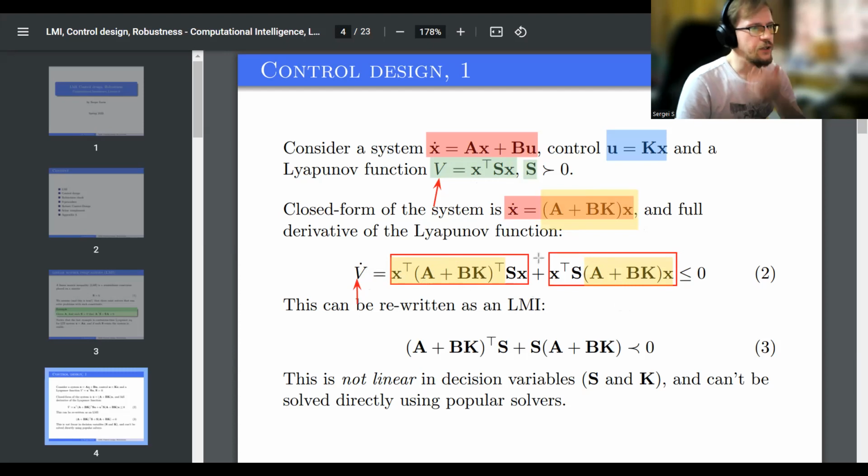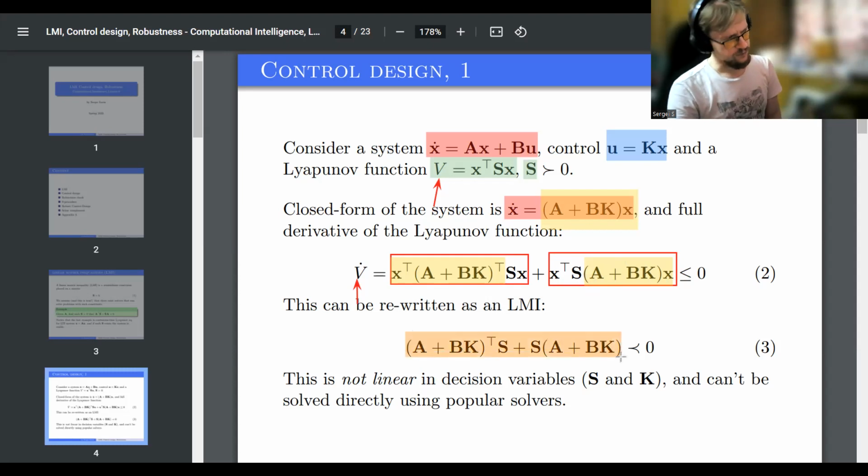Good. Now this thing can be rewritten as an LMI. In order to rewrite it as an LMI, we first observe that this function will be negative definite if this matrix is negative definite. This is a quadratic form. It will always be negative if the matrix of the quadratic form is negative definite. However, here we have a problem.